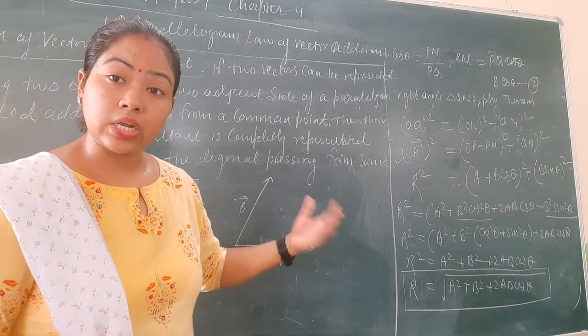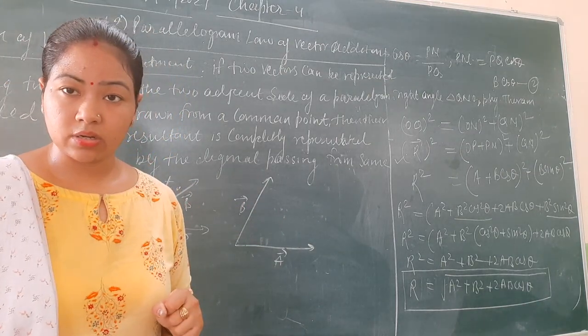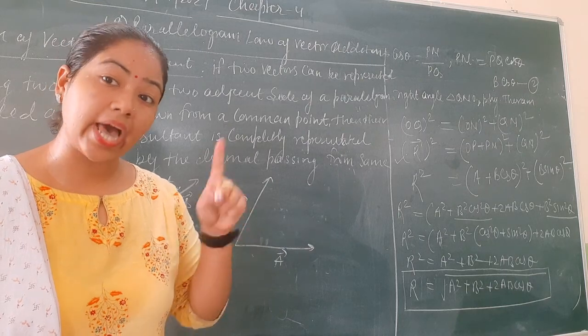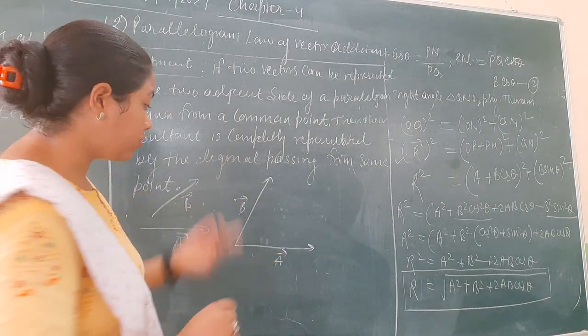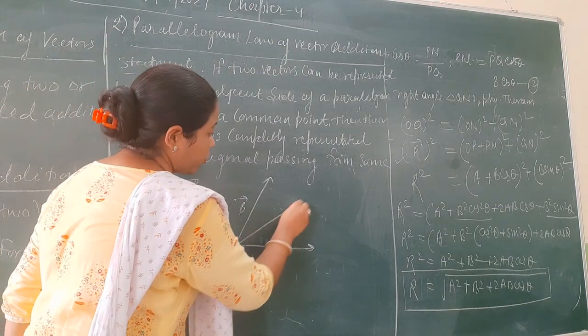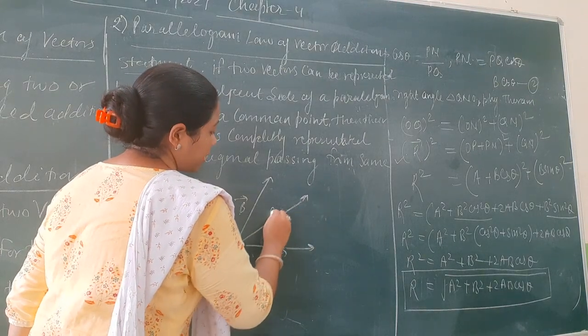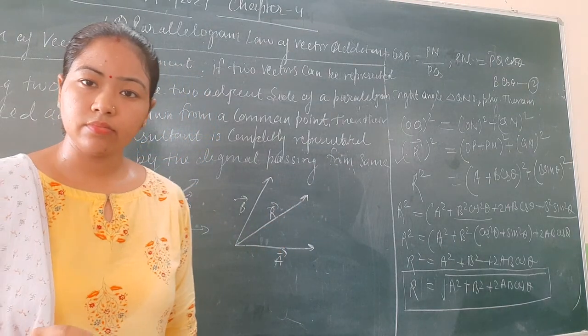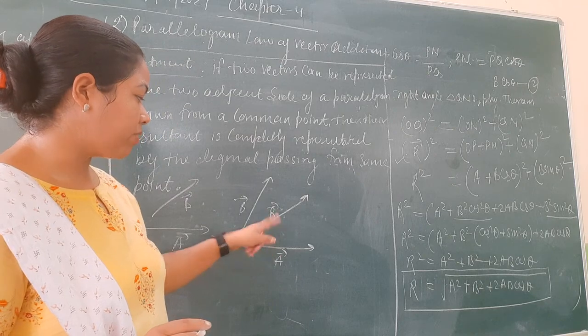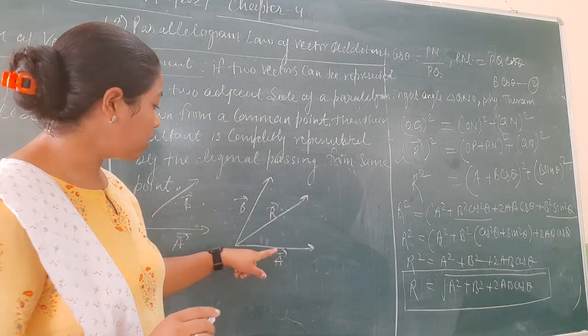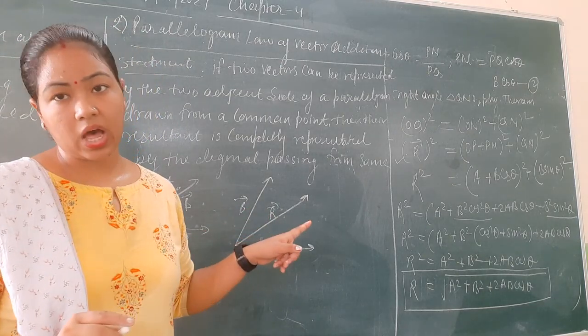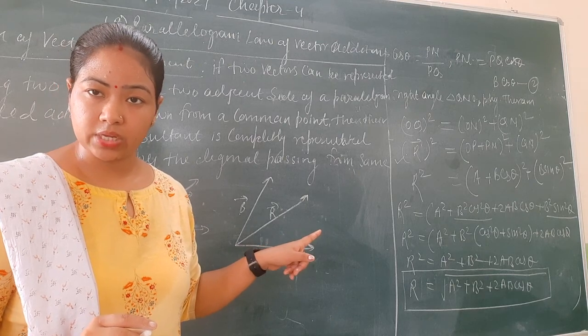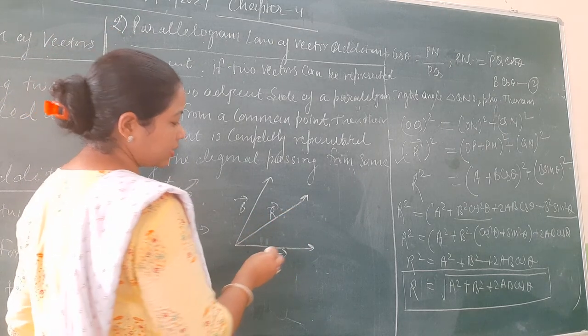Now the resultant of these two vectors will be represented by the diagonal which originates from the same point, that is vector R, right? So this R will be represented as the addition of these two vectors, that is R equals A plus B. Now we can complete the diagram.